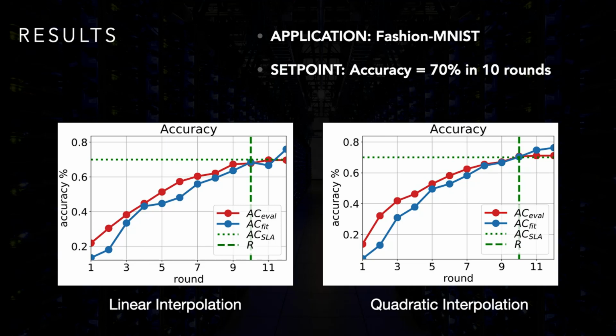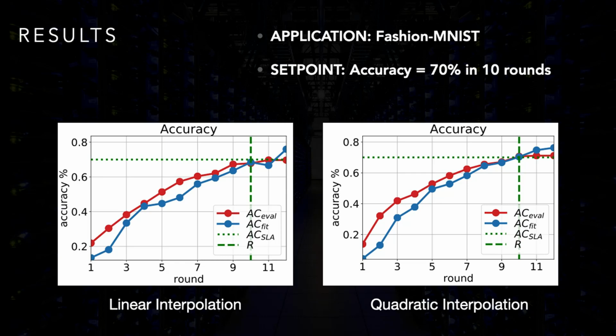So the results are shown with these two charts. We show here an example of experiment with application FashionMNIST, and we use a set point for the accuracy equal to 70% in exactly 10 rounds. So in the charts, the first chart is for linear interpolation and the second for quadratic interpolation, and we can see the accuracy curve in red, the one that is computed with the evaluation dataset, and in blue, the one computed with the training dataset.